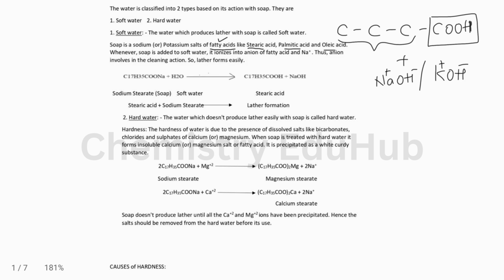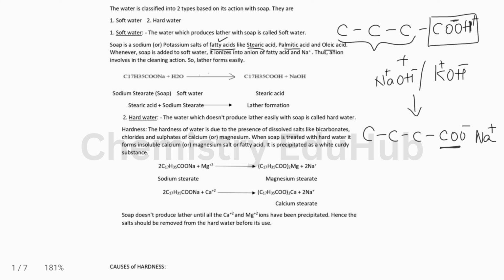That means COOH also can be split into COO- and H+. So whenever we treat an acid with a base, we can see the exchange of ions taking place. Now that results in the formation of the long carbon chain with COO- anion, and either Na+ or K+ will be the cation.